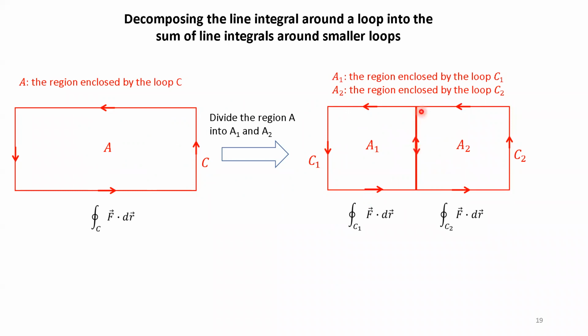Now for this boundary, I add lines here. So now I basically split this one big loop into 2 smaller loops, this C1 and this C2.